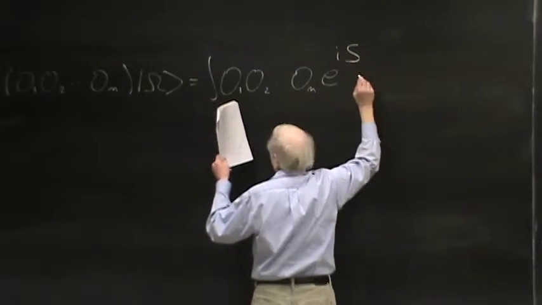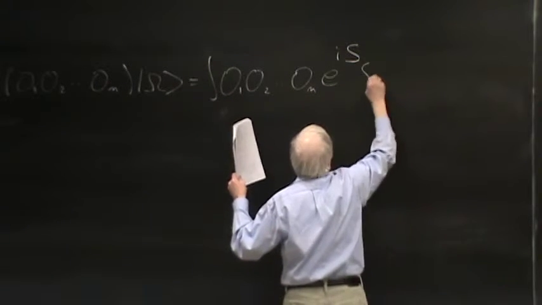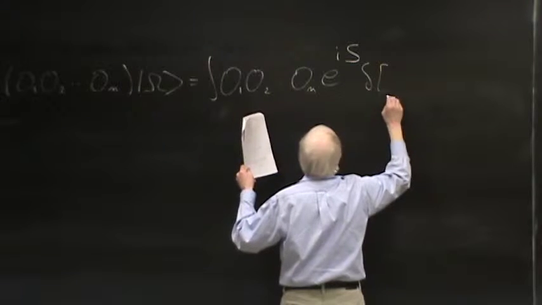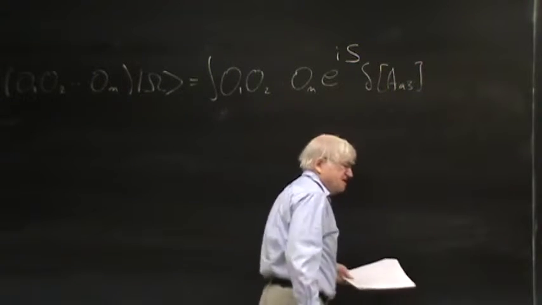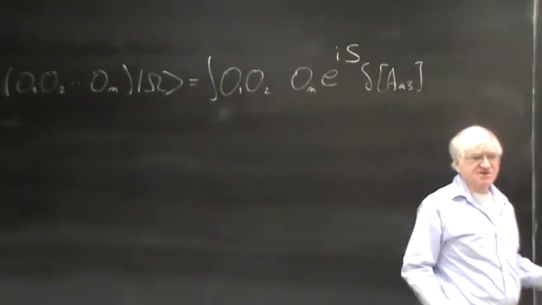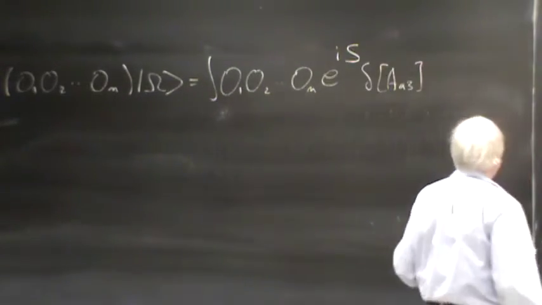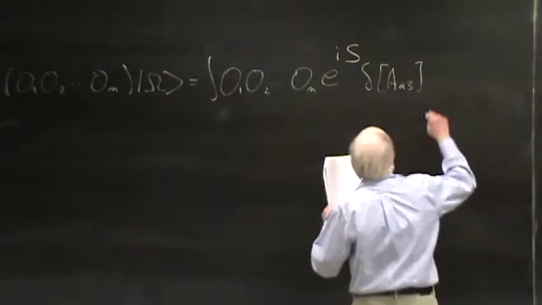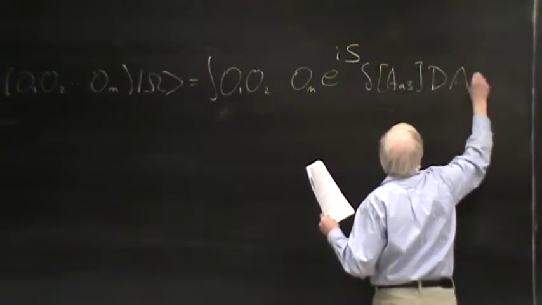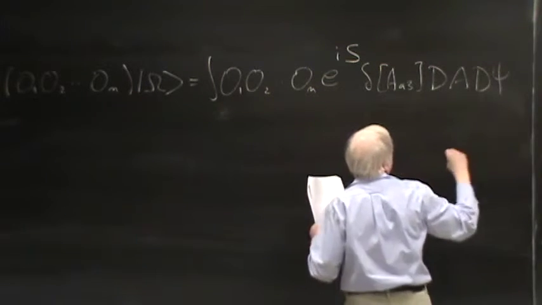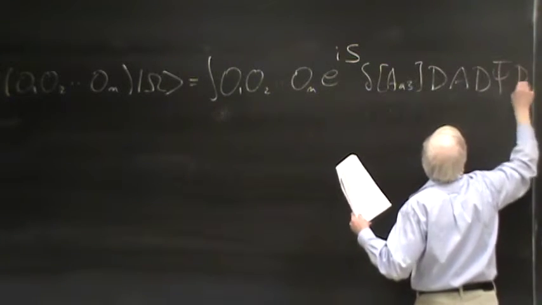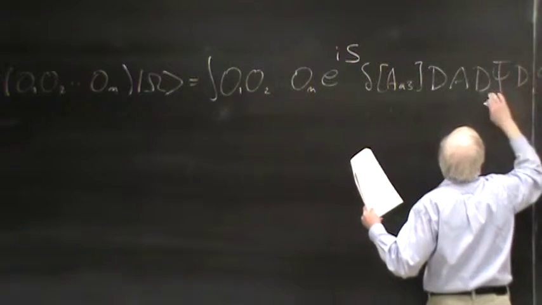E to the I, the action, a gauge fixing condition, and as an example, we can say that the z component of each gauge field is 0 at every point in space-time. And then we can say DA, D psi. Well, there we're saying d psi bar d psi, but I'm going to just write that as d psi.